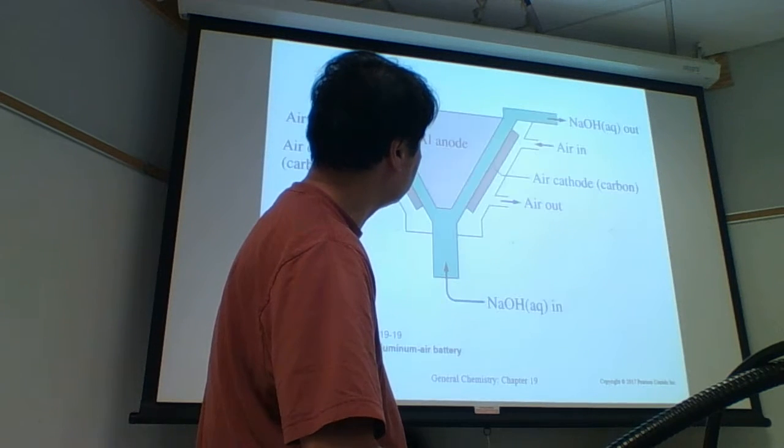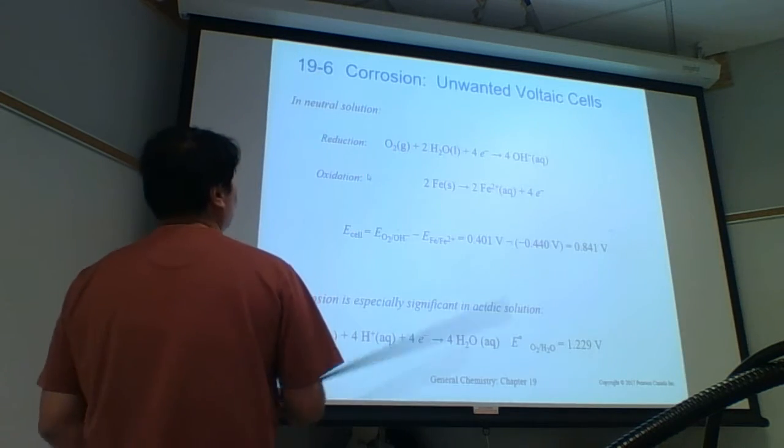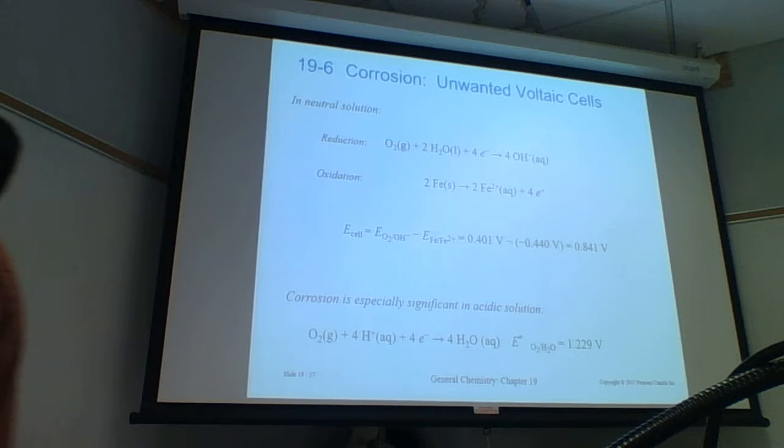Basically, two more topics that we need to talk about in chapter 19. One is corrosion of iron. Corrosion of iron is more complicated than it appears, because when we're thinking about rust, we think iron metal is being oxidized by oxygen to form iron oxide, or iron trioxide solid.